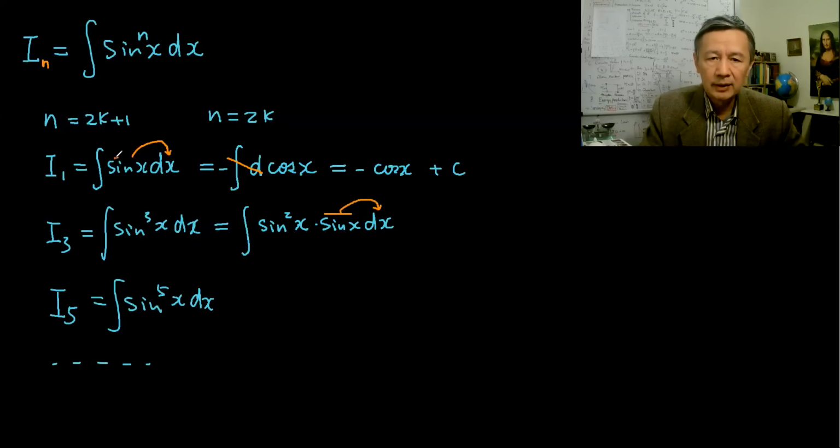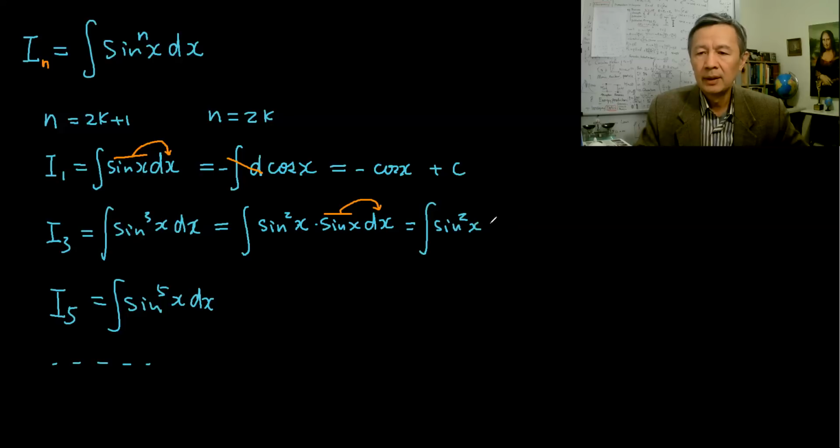So that's the trick I used here. In this way, we can rewrite this integral as sine squared x d cosine x, apart from the negative sign here.